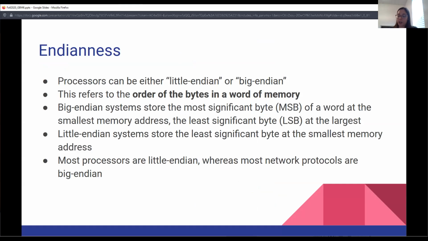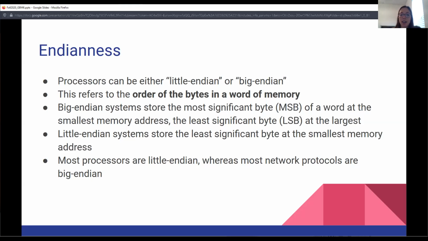Before we go further, this is just kind of a side note, but it's useful to know. Processors can be either what's called little endian or big endian. This is really important when it comes to reverse engineering, because when you're looking at memory addresses and the content stored in memory, you have to know the endianness of your processor architecture, so that you know how to interpret the memory you're reading.